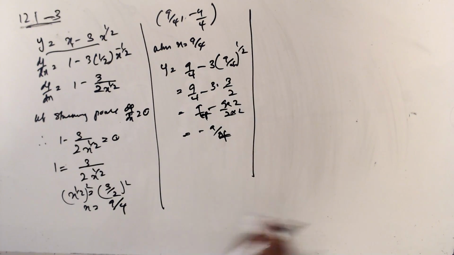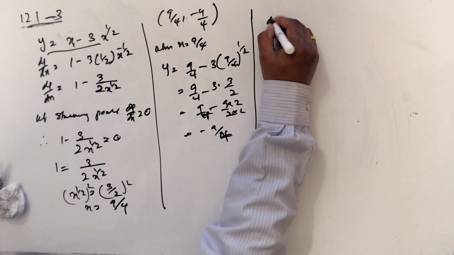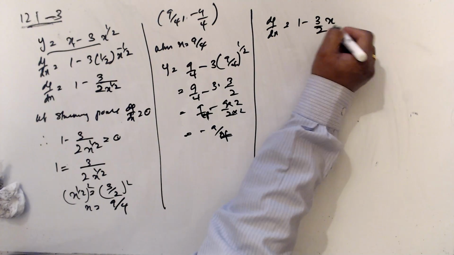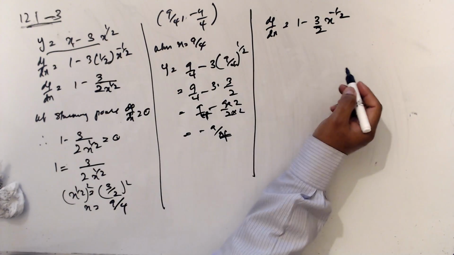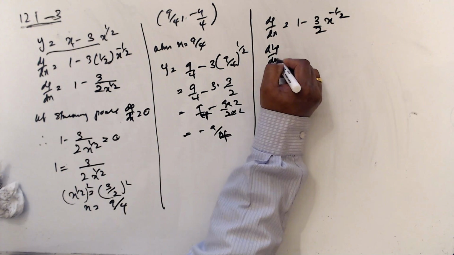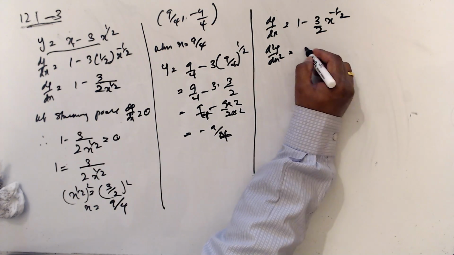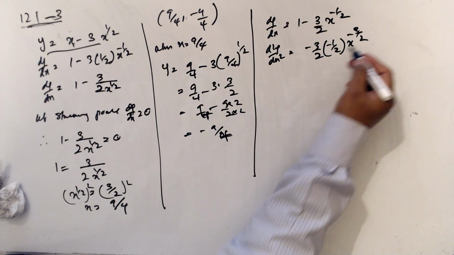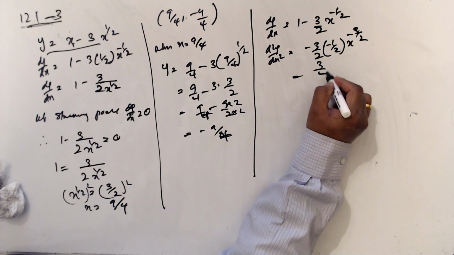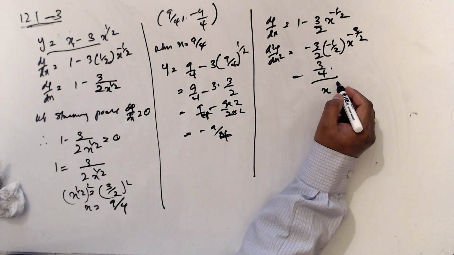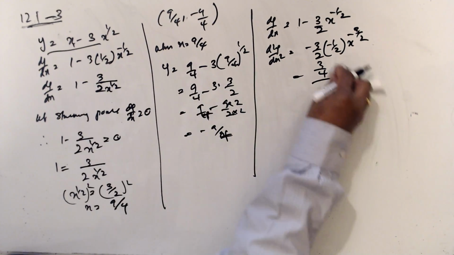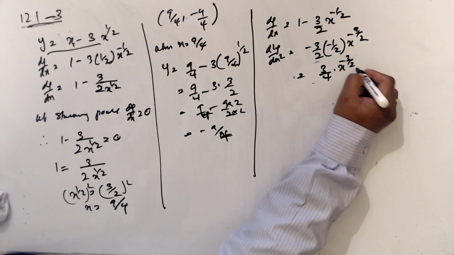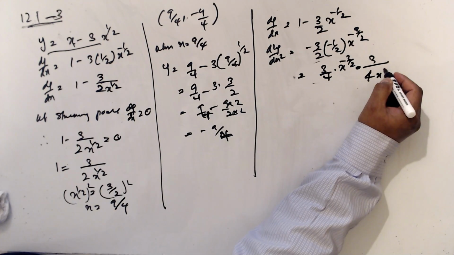Now we get the double differentiation. dy/dx equals 1 − (3/2)x^(−1/2). So d²y/dx² becomes 0 − (3/2)(−1/2)x^(−3/2), which becomes positive 3/4 times x^(−3/2), which is 3 over 4x^(3/2).